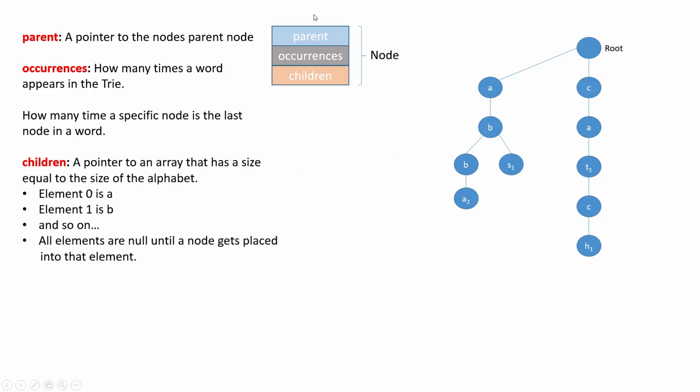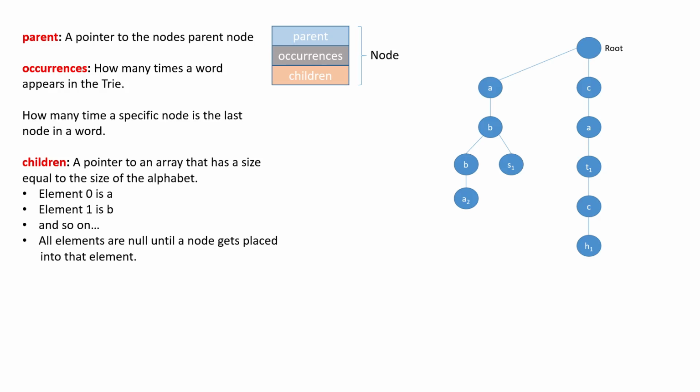Alright, now children. This is the fun part. Children is a pointer to an array that has a size equal to the size of the alphabet. The alphabet I'm using is 26 characters, A through Z, so children will be a pointer to an array of size 26. The first element, element 0, would represent A, element 1 would represent B, and so on.